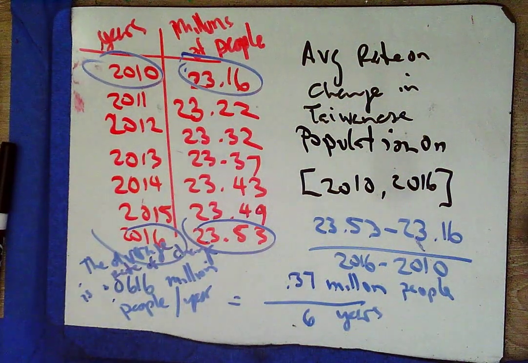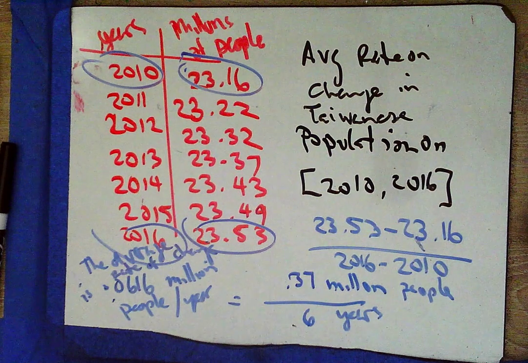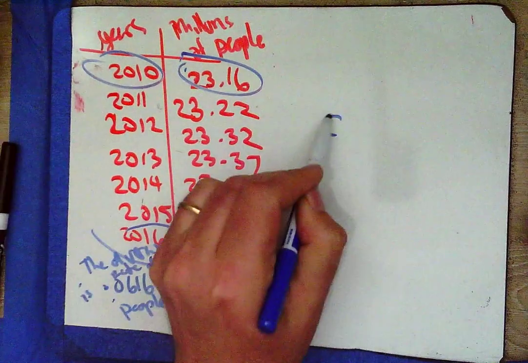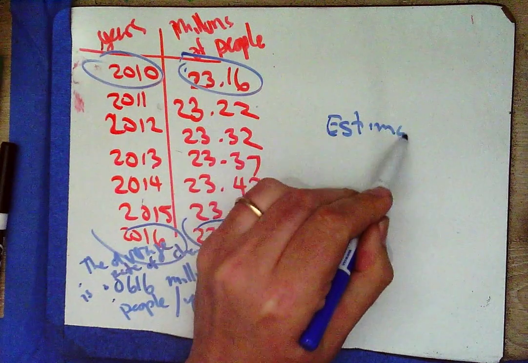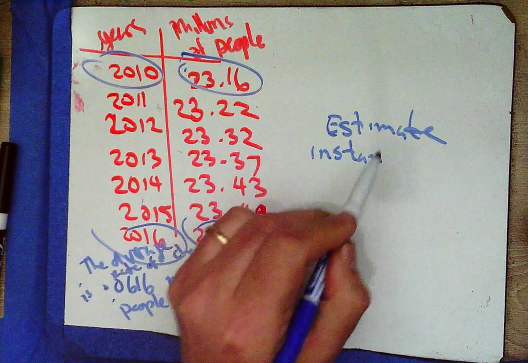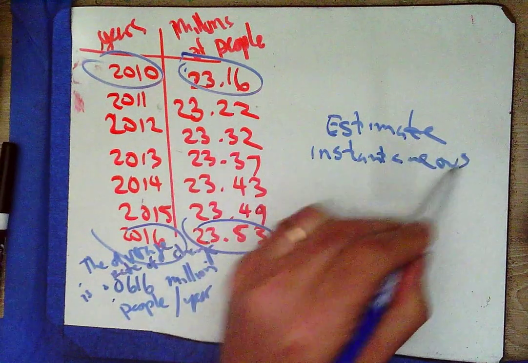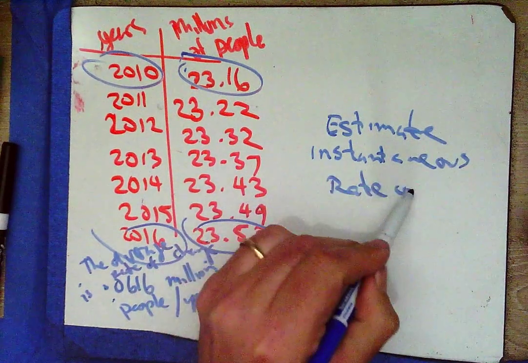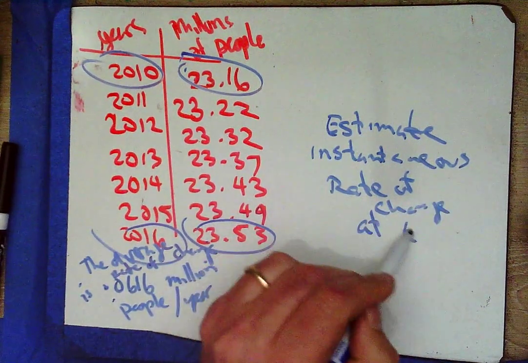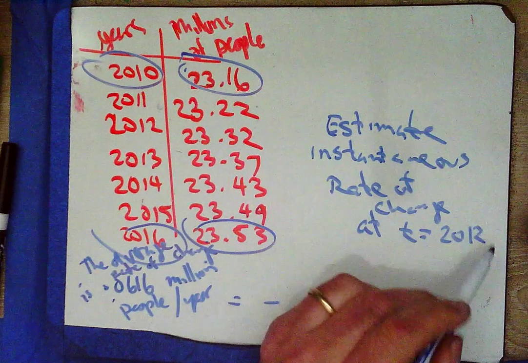Okay, so how could we estimate, and the key word here is estimate, the instantaneous rate of change at t equals 2012?